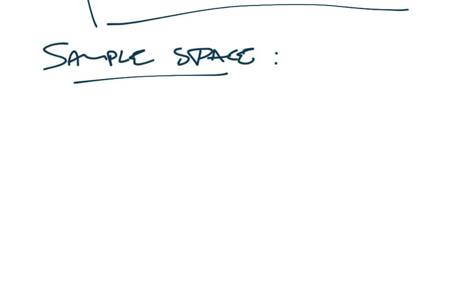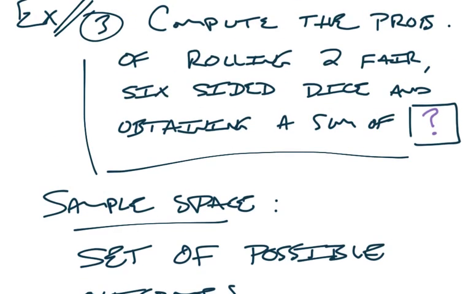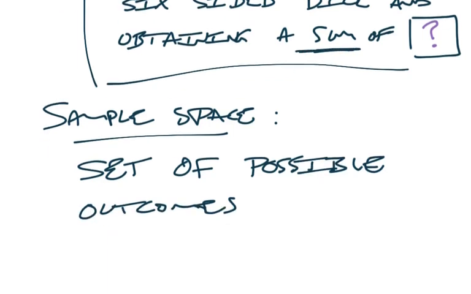All right, so this is the set of possible outcomes. What are the possible outcomes from rolling two six-sided dice and then adding, right, so a sum means you add them, and then adding the results.